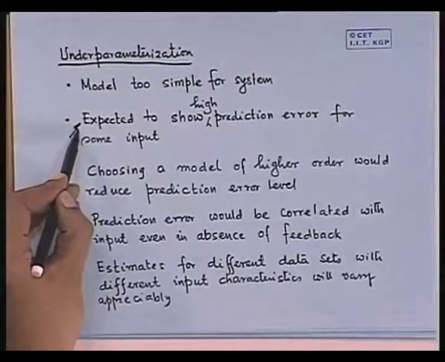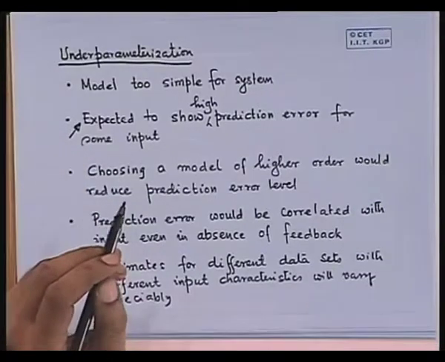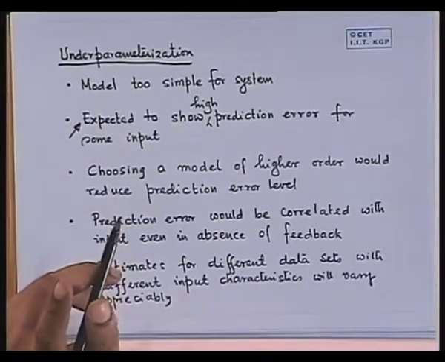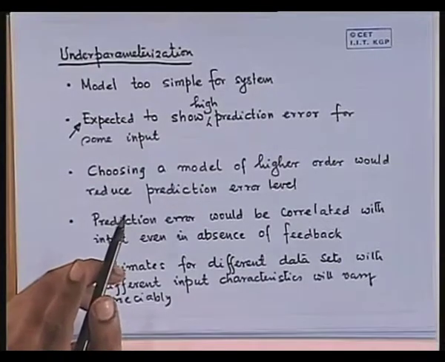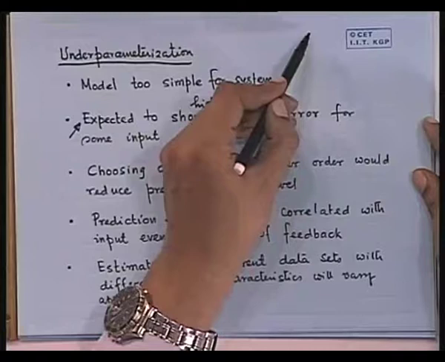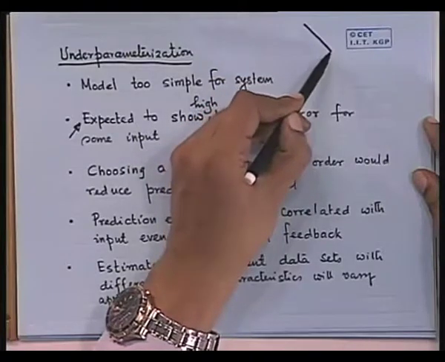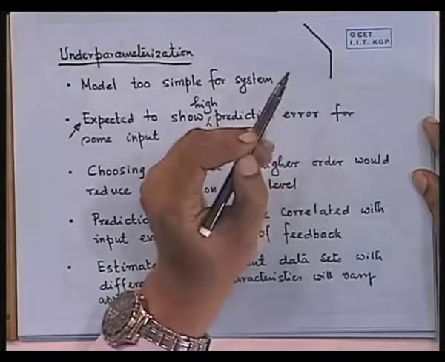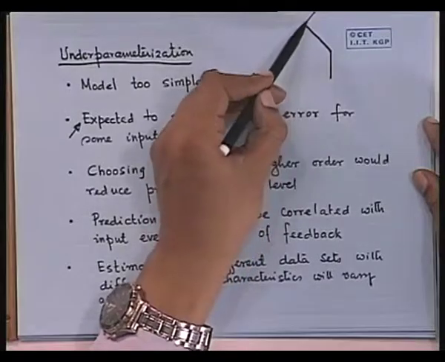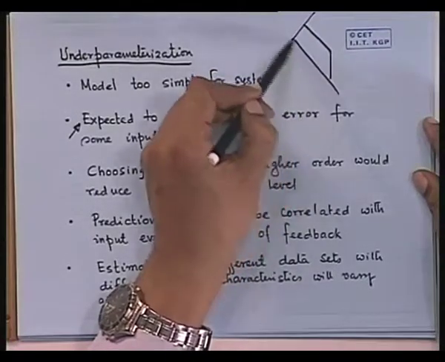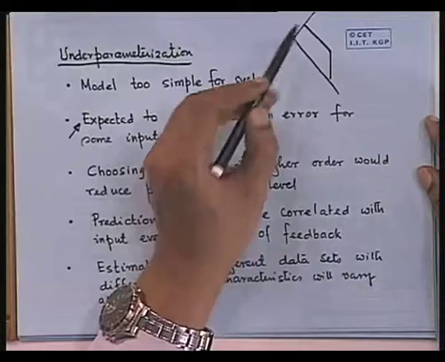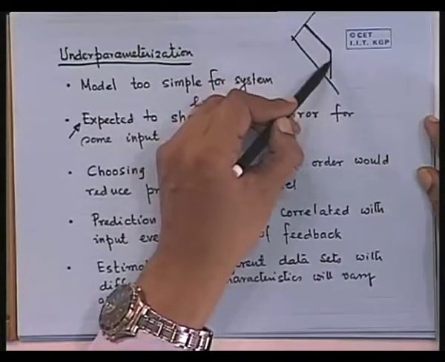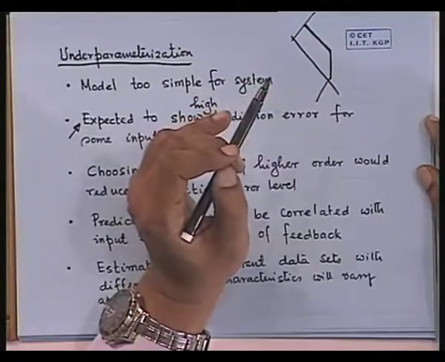Firstly, such a thing is actually expected to show high prediction error for some input, if you really need a second order model. You can realize this by seeing the Bode plots. Let us say the magnitude plots. For a first order system, it's going to be like this. For a second order system, it will be like this and then like this.